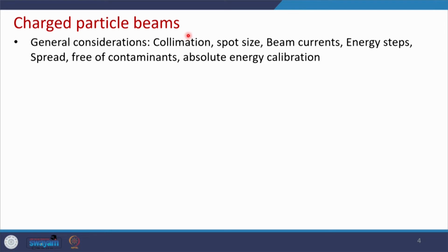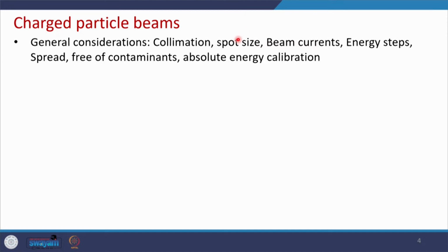So, the collimation plays a very important role, which can be achieved by using magnetic slits and using various methods within the accelerator. So, collimation is one of the important considerations which has to be taken into account. You have to ensure that the beam is exactly falling on the target material, and then the spot size has to be decided so that it covers the target material.